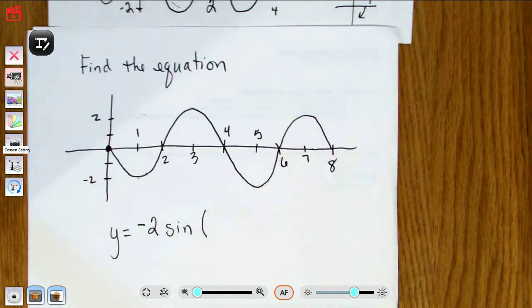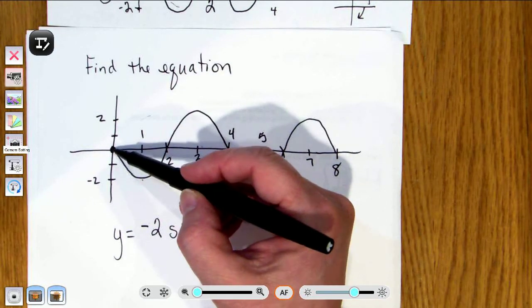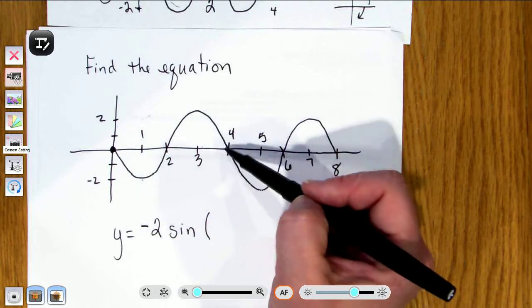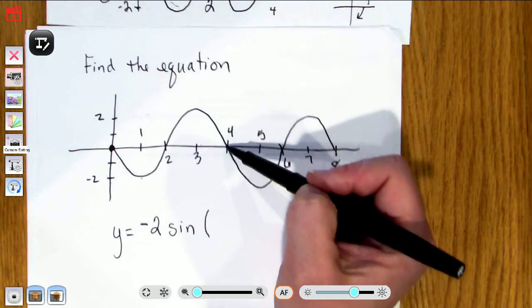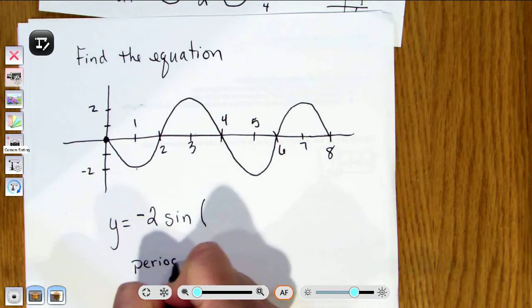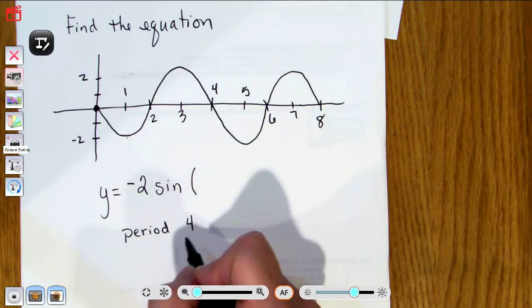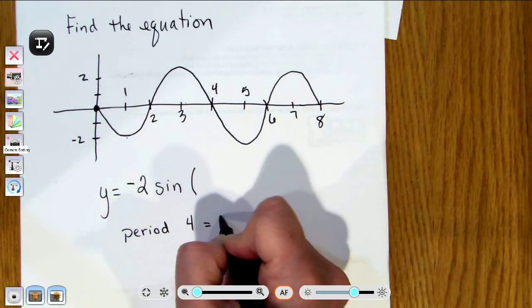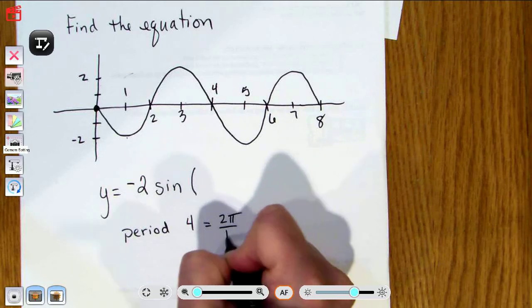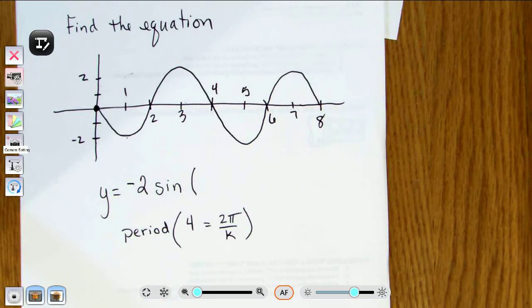The next part is to find out what our period is. Our period, again, is the time it takes to start and go through the entire curve until we stop to finish. So our period is 4. To find the number in front here, we're going to take that 4 and set it equal to 2 pi over some k. And now we're going to solve for k.